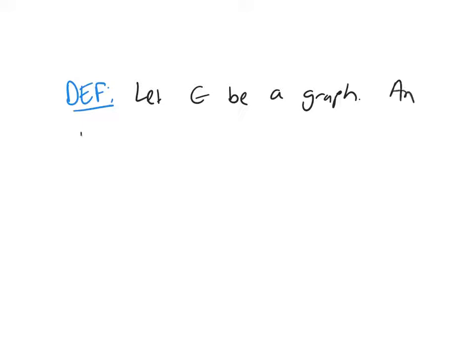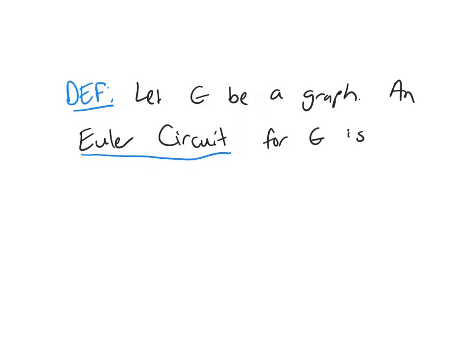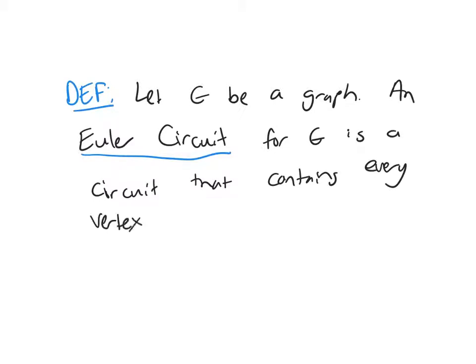An Euler circuit for G is a circuit that contains every vertex and every edge of G.